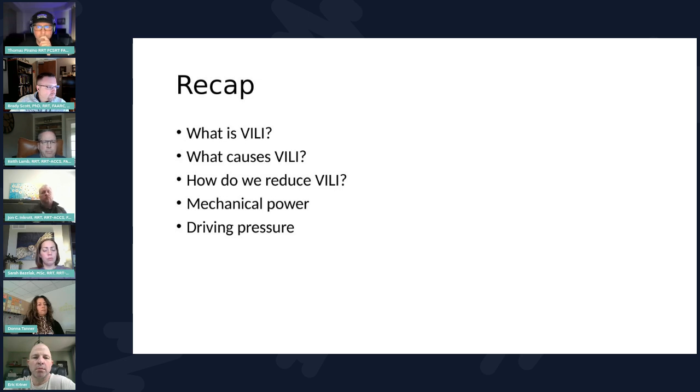We use PEEP to prevent atelectrauma and to prevent the energy that's applied to the lungs via atelectasis and reopening and closing. And then finally, we try to use the lowest FiO2 that we can get away with, because there's some data that talks about higher FiO2s being injurious, particularly in some subsets of patients like reperfused cardiac arrest patients. So all those things are really important.